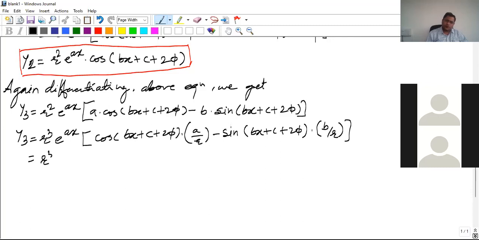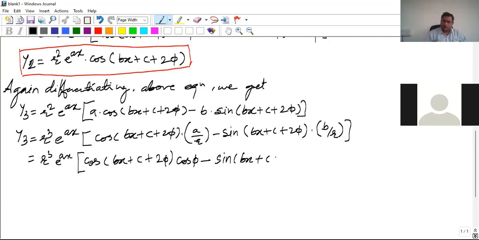So we can have r cube e raised to ax, this is cos of bx plus c plus 2 phi, and this is cos of phi minus sine of bx plus c plus 2 phi, and this is sine of phi.